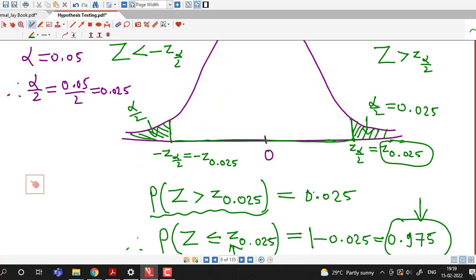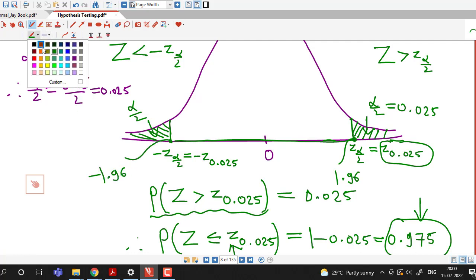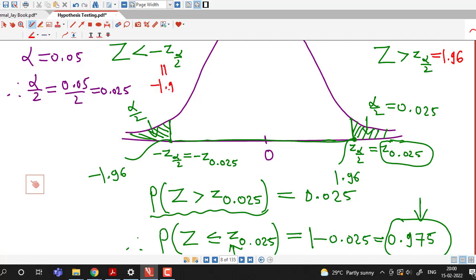So now we are sure that this value is 1.96 and this value is minus 1.96. If our Z statistic has a value bigger than 1.96 or smaller than minus 1.96, we reject the null hypothesis. And if the value of the Z statistic which we have calculated is in between minus 1.96 and 1.96, then we fail to reject the null hypothesis.